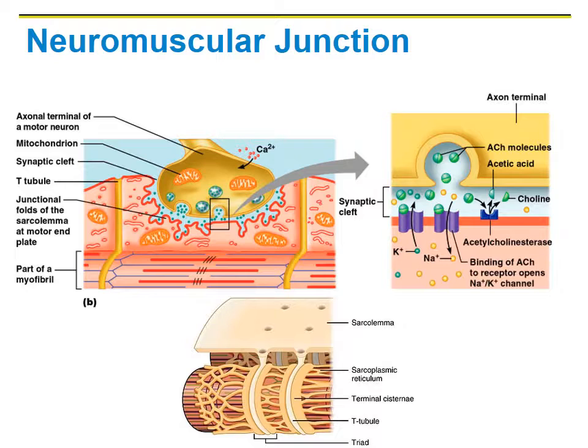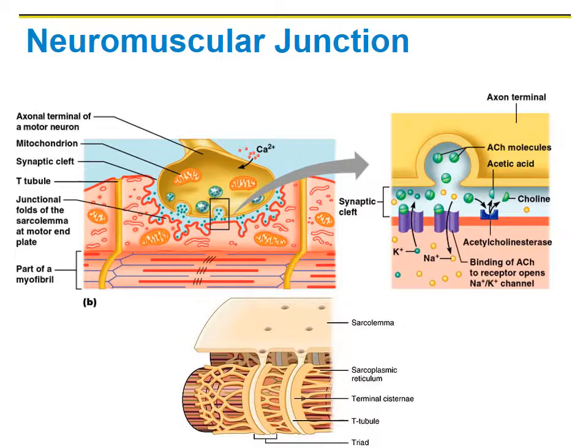If the neurotransmitter binds and we reach summation, we will trigger an action potential on the sarcolemma. That action potential will then travel across the sarcolemma and down those T-tubules.